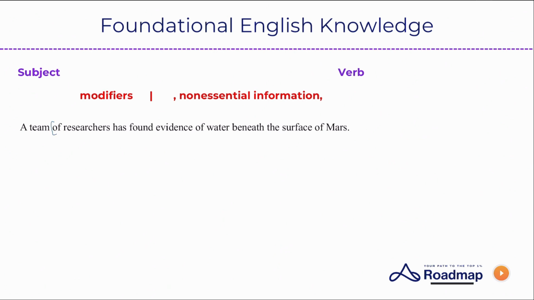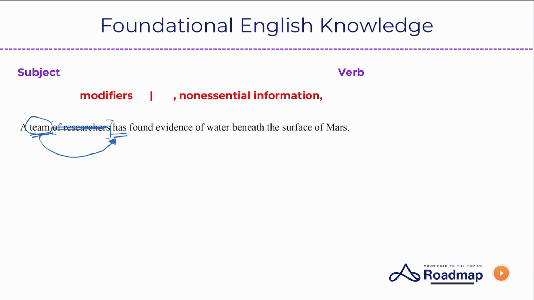So a team is the subject, which is why you see the singular verb has, because a team is referring to one group of people. So it's singular, and a singular subject has to always take a singular verb. So you would say he has. Have is the plural verb form. You don't say a team have found, you say a team has found.